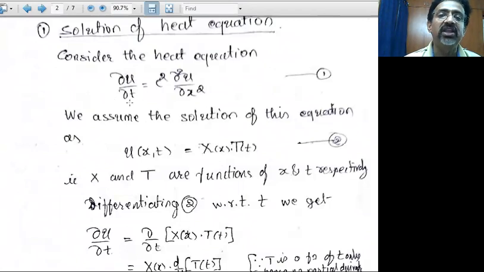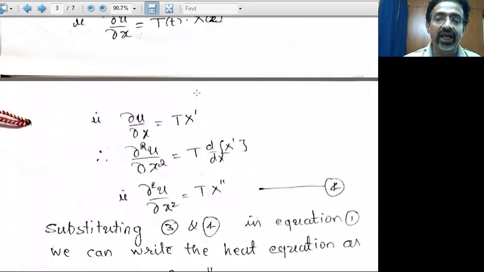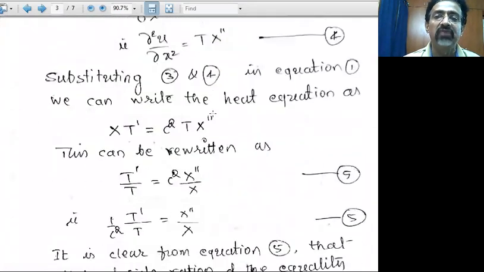So del u by del t is X times T dash, and del squared u by del x squared is T times X double dash. I get X times T dash is equal to c squared times T times X double dash.